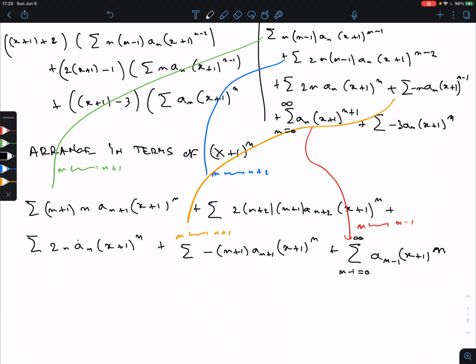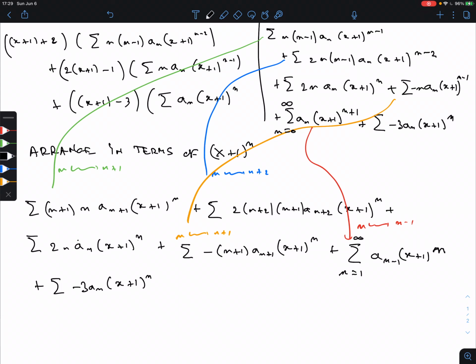And then finally, nothing has to be done there, plus summation minus 3n (x+1)^n. So what is the problem now with this one? Let's look at this index here. If I rewrite this, it is the same as n equals 1. So I'm going to be lazy and erase this and write just n equals 1.